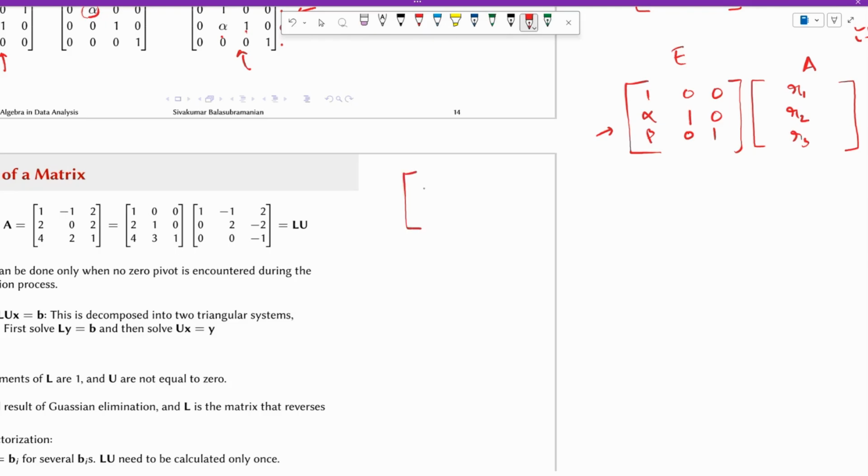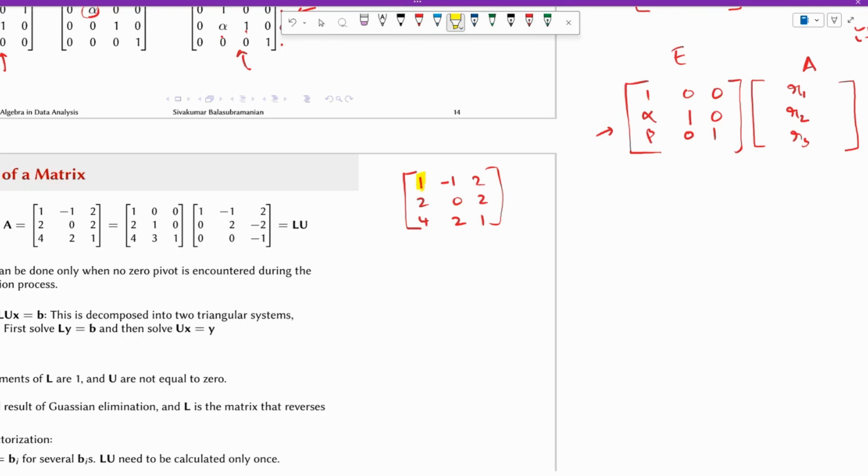We have 1, -1, 2, 2, 0, 2, 4, 2, 1. The first pivot is non-zero, so we don't have to do a row exchange operation. The next thing we try and do is make this 0.